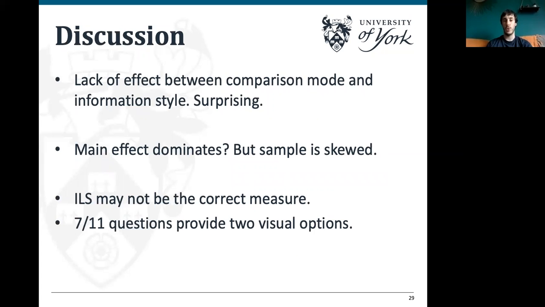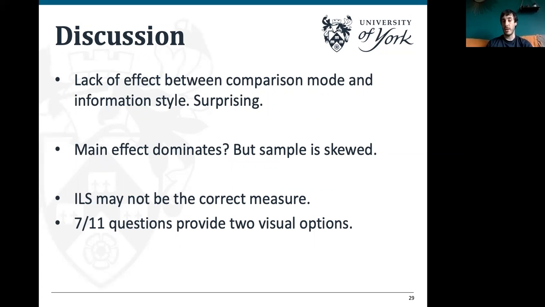Furthermore, the lack of effect between comparison mode and information style was surprising. One explanation is that the main effect dominates, but we've got to be careful with using this conclusion as the sample is skewed. What I think is actually going on in the data is that the ILS may not be the correct measure of the underlying phenomenon.